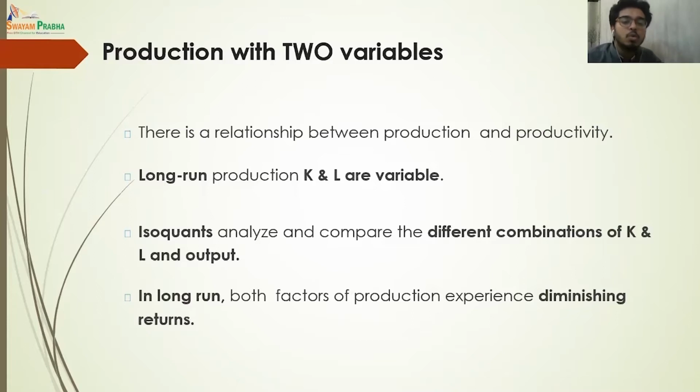As we have studied in the indifference curve, what do we get? In an indifference curve, we get an equal amount of satisfaction. What is that equal satisfaction? It is the satisfaction we get through the consumption of different combinations of two goods.